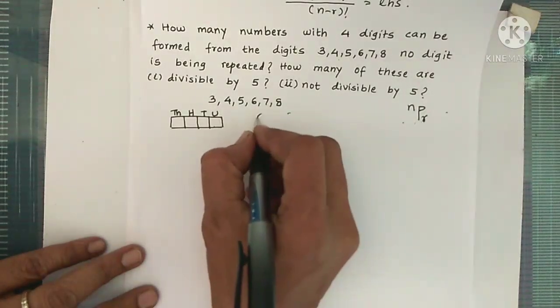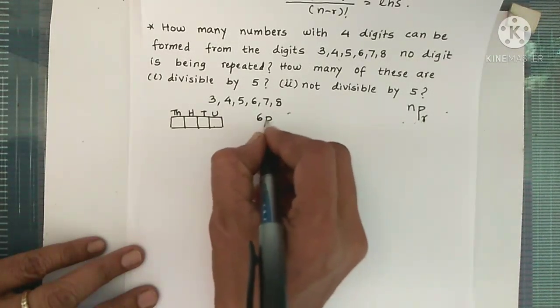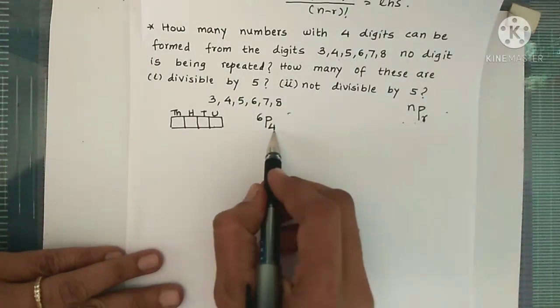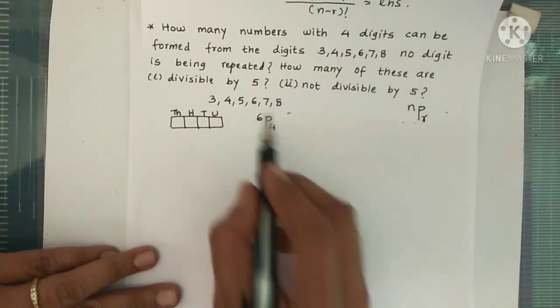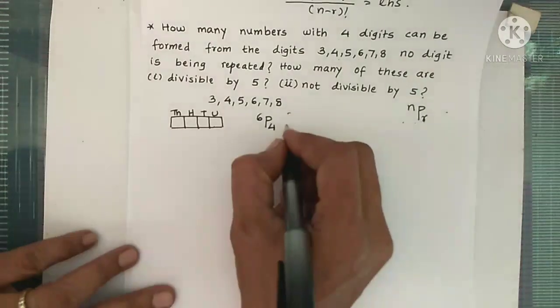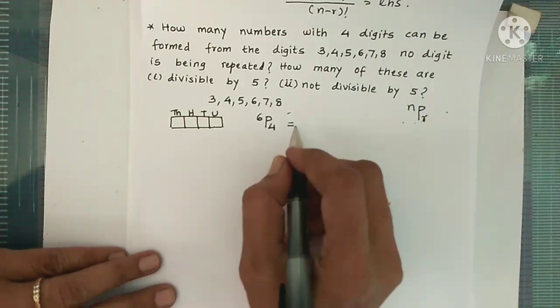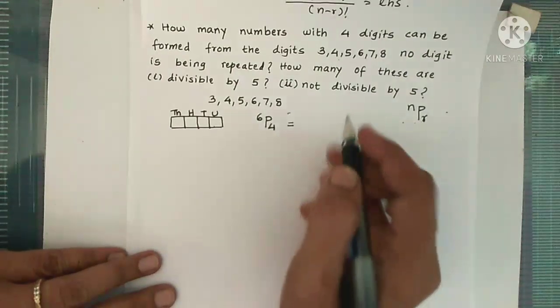So that can be done in 6P4 ways. 6P4 is the number of ways of arranging 4 objects out of 6 objects. So this is the total number of numbers which can be formed using these digits.